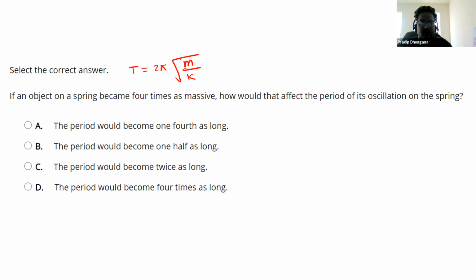Mass, this m is the mass on a spring. You can see here period is directly proportional to the square root of m, okay, the square root of the mass on a spring. Use that information and try to answer this question. Let's see, and then I'll answer it.